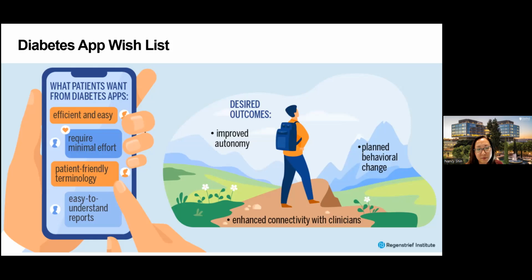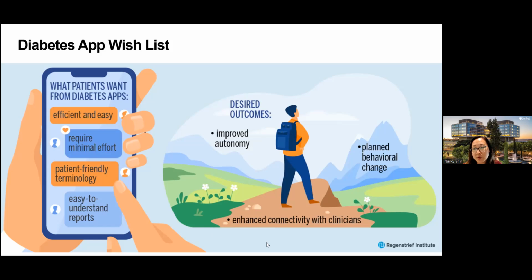We'll talk a little bit about blood glucose data and how that can be available through apps too, and really wanting to see easy to understand reports that we get out of those apps. By having a really helpful and easy to use app, what this hopefully will lead to is improved autonomy, so helping us to each take care of our diabetes in our own ways.